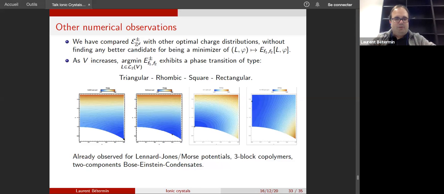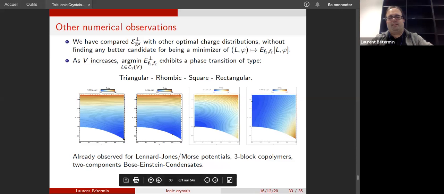And then it moves continuously like that until it becomes a square lattice, where it stays a bit. And now if V increases again, at fixed density, you become a more and more elongated rectangular lattice. That's something we already observed in the Lennard-Jones and Morse potentials case, and also observed in the free block copolymer and Bose-Einstein condensate case by Lu and Wei.